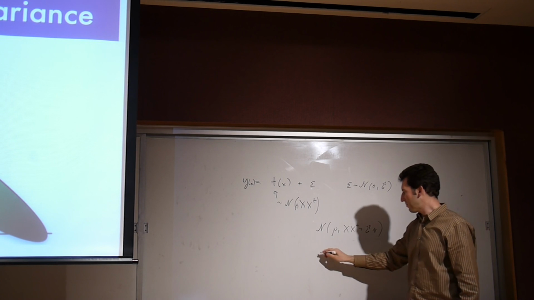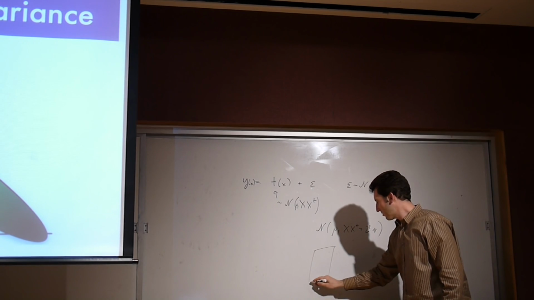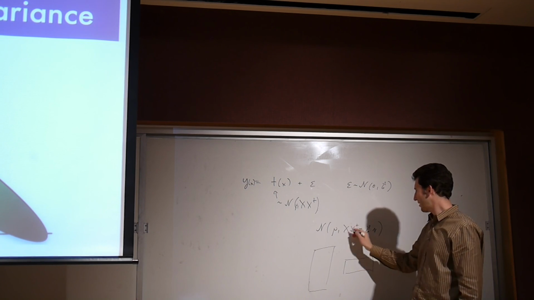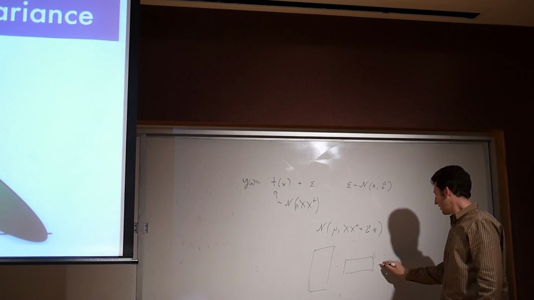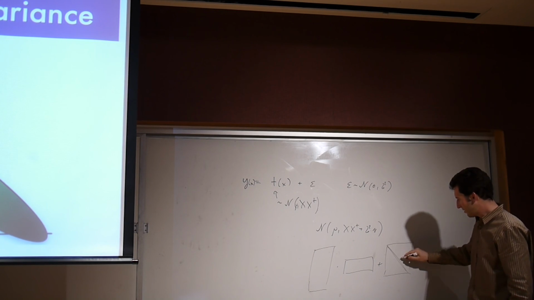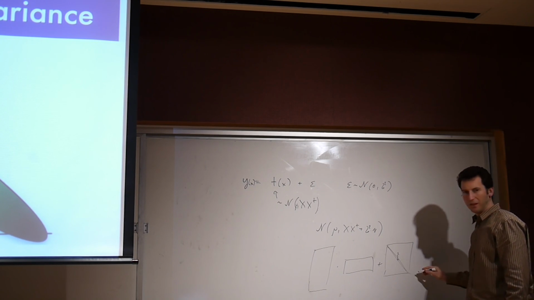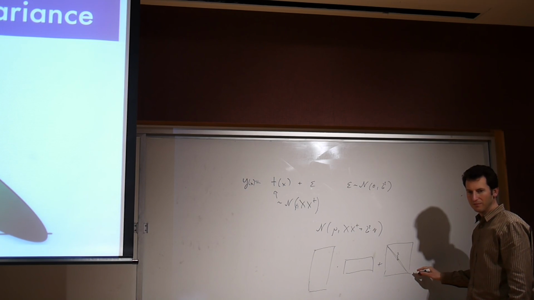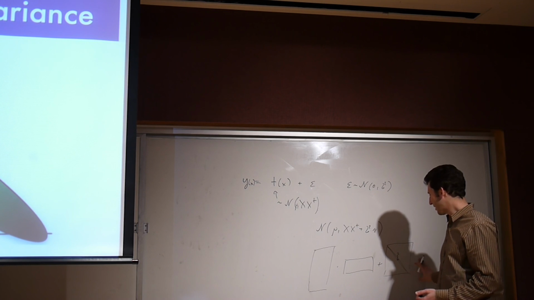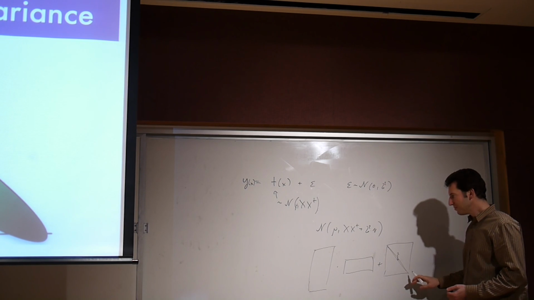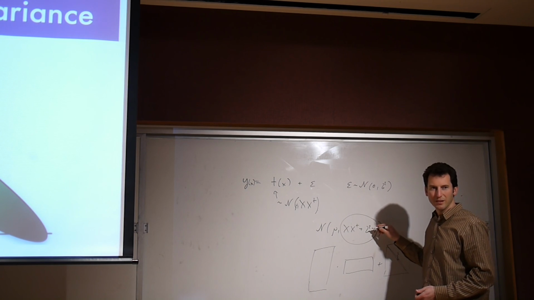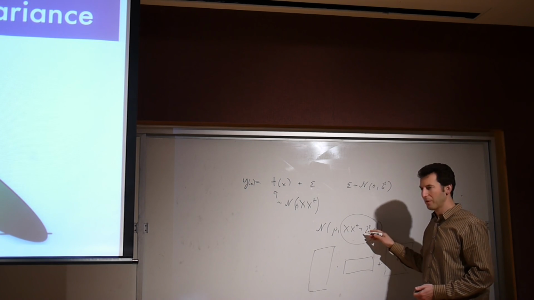So I take my covariance matrix, which is low rank, x transpose, and I add to that a diagonal matrix which has the value sigma squared on the main diagonal. And that, of course, makes the problem go away, because now this matrix has full rank regardless of how many x's we observe.